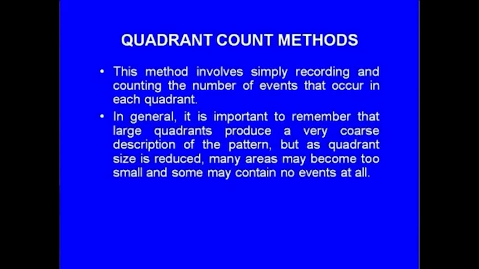This method involves simply recording and counting the number of events that occur in each quadrant. In general, it is important to remember that larger quadrants produce a very coarse description of the pattern, but as quadrant size is reduced, many areas may become too small and some may contain no events at all.